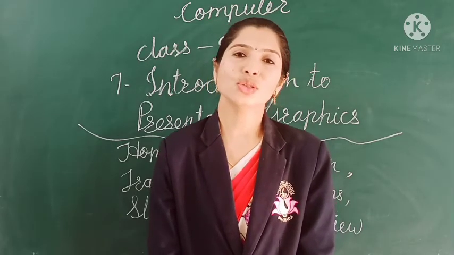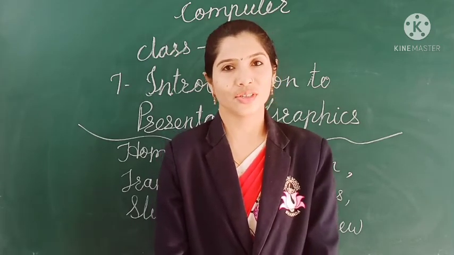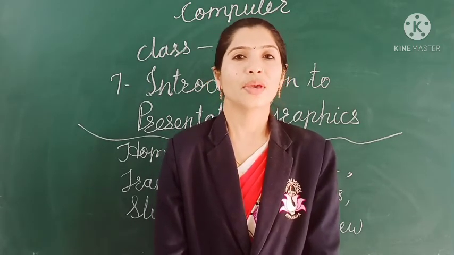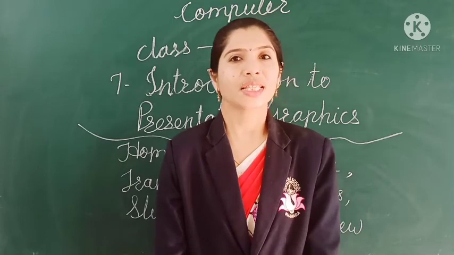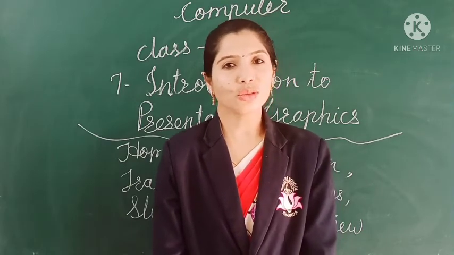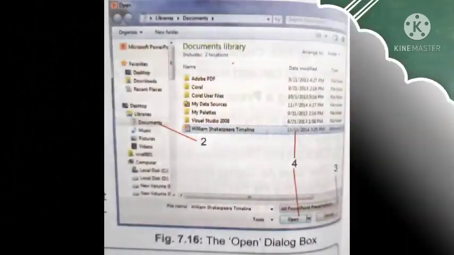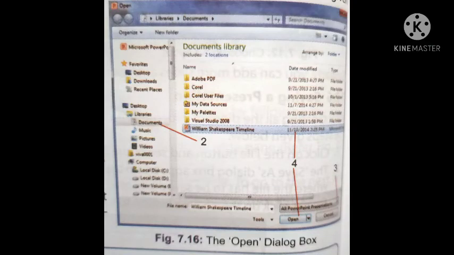Now, how to open a presentation. Means before we have saved that presentation, how to open it, we are going to see. First, click on the file button and select the open option. The open dialog box appears on the screen.